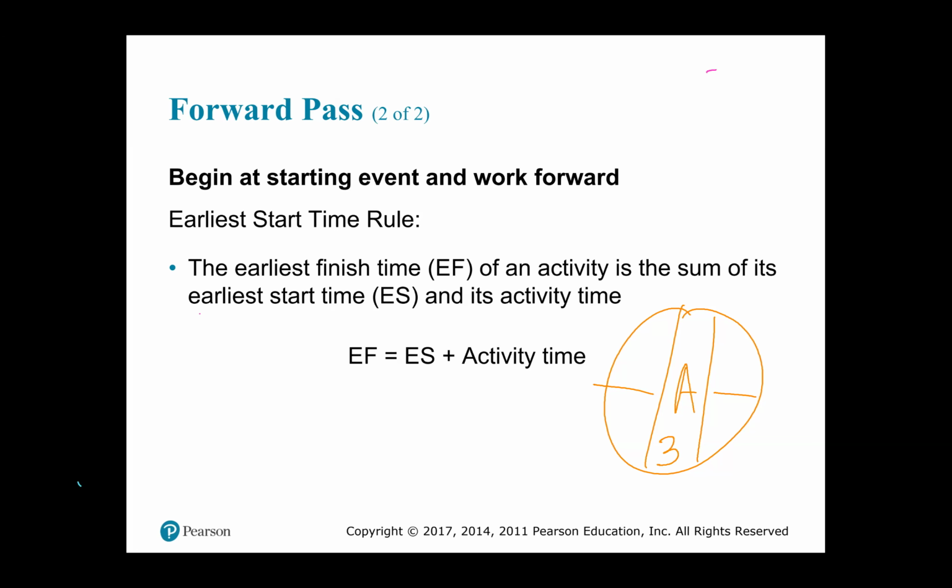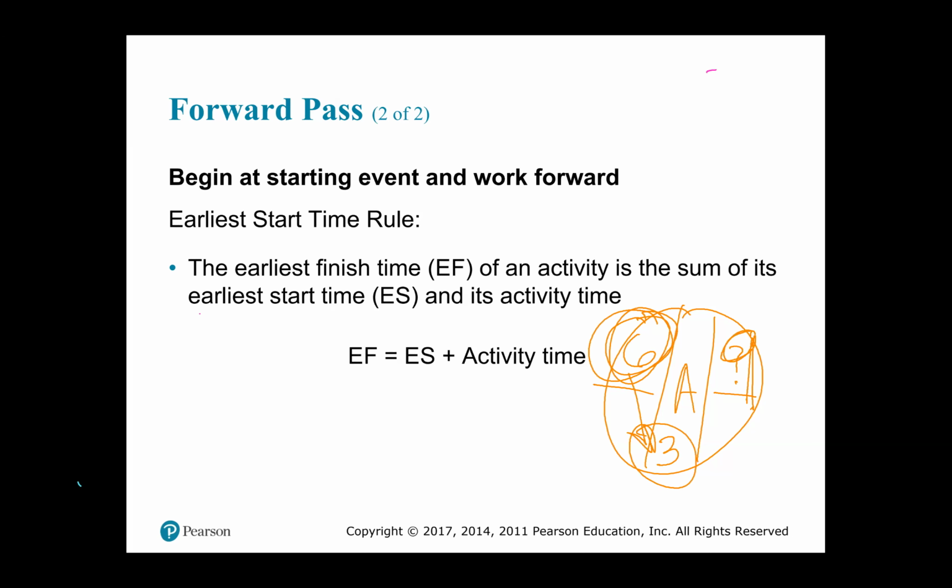The early start time is 6, it begins at week 6. So you know the early start, 6. You must figure out the early finish. What it is saying is that the early finish, that's where the question mark is, of that activity would be the early start time, the 6, plus the activity time, the 3, and that would equal 9, right?